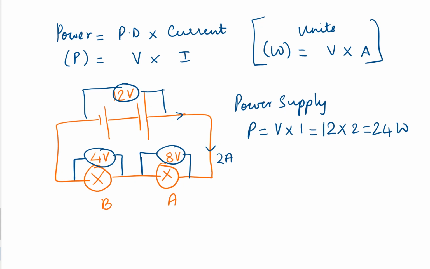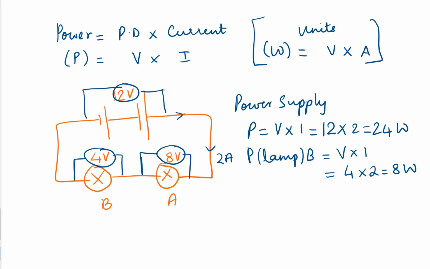If I want to find the power of lamp B, it's again V into I. What's the potential difference of lamp B? It is 4. In a series circuit, the same current flows through the circuit, so it's 4 into 2, which is 8 watts.